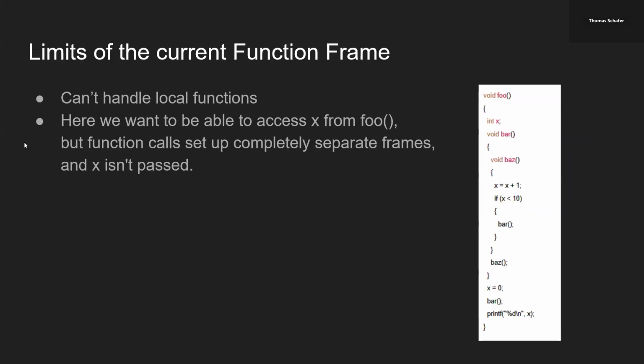Now, if you guys have used some more functional languages like JavaScript, you might have seen this type of thing, but it's not done in C. In JavaScript, functions are treated almost as variables, and so you can have functions inside of functions. I'm not entirely certain if this is possible in C. I don't think so, or if it is, it's a little bit weird.